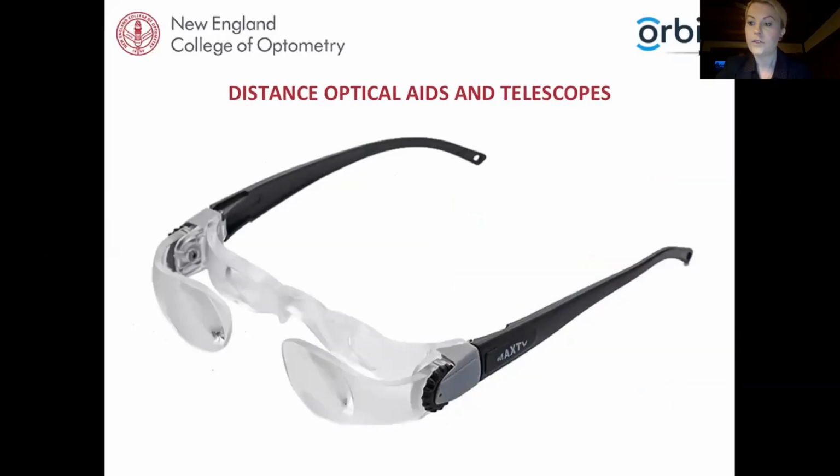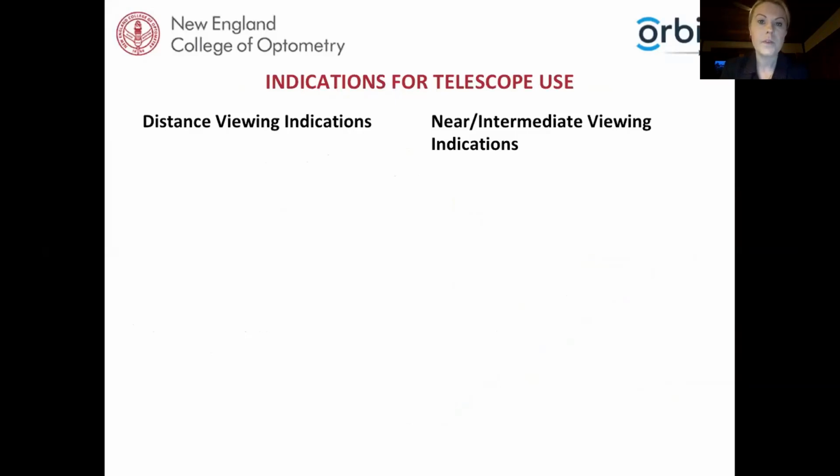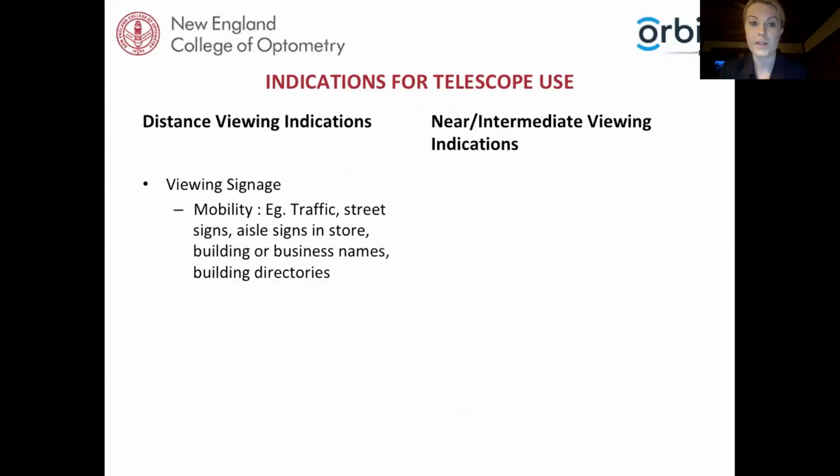I now want to shift our attention for our last half hour from reading to distance magnification, because there was a request at the last lecture to really go over telescopes and distance optical aids. So let's talk a little bit first about what are indications for prescribing a telescope. There can be distance viewing situations and also near or intermediate viewing situations where you might prescribe a telescope.